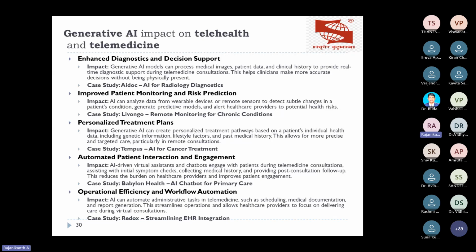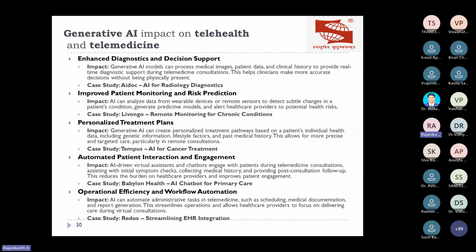Next is operational efficiency and workflow automation. See, the healthcare industry means not only a doctor, there are various people working behind the scenes, right? A patient will be handled by multiple sets of people, and the data has to move from one person to another, and there should not be any communication vacuum. So that's why we need a clear workflow automation there. A workflow procedure should be there, and it should be automated when we are talking about telehealth and telemedicine.